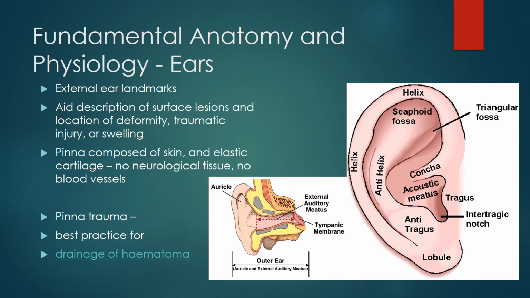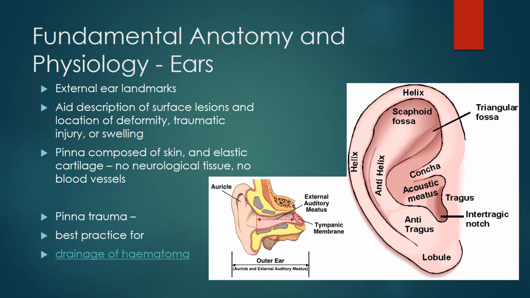Now these landmarks are really important, and if you start looking at different ears, you'll notice that there's variations of what's normal, but people always have these key landmarks other than if they've lost them for whatever reason, which is why these landmarks are really useful, because we can lose them due to traumatic injury or infective processes.